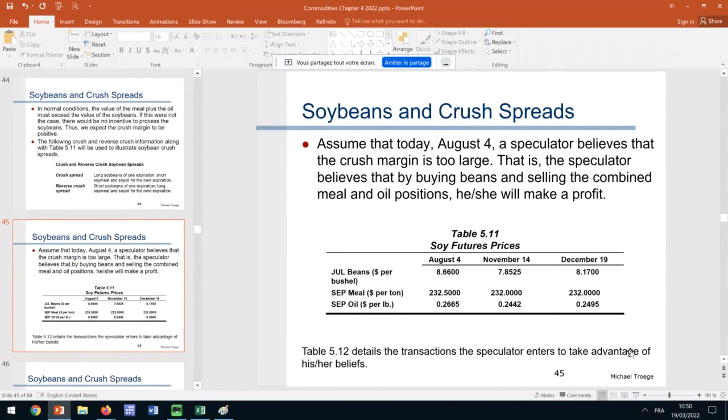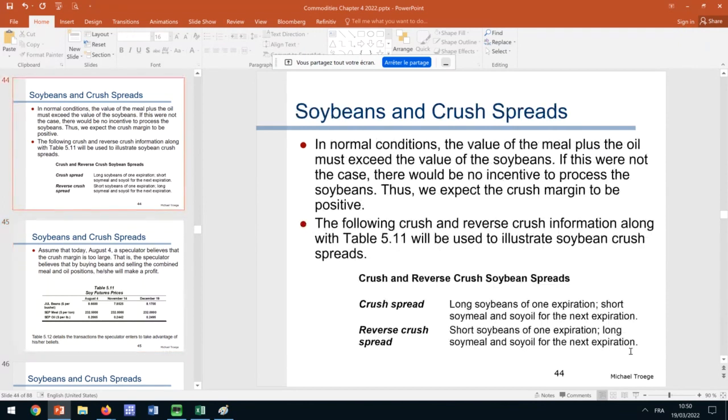So the margin should go down. If you believe that the crush margin is too large, you would believe that the input prices go up and the output prices go down. So you would have a long position in the soybeans and a short position in the output. You would exactly buy the crush spread.